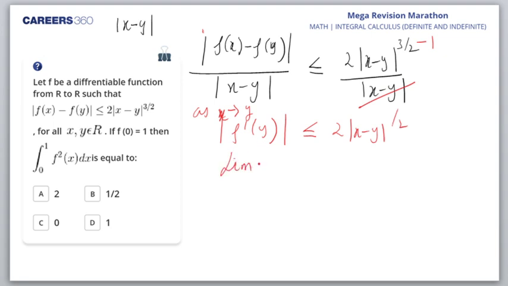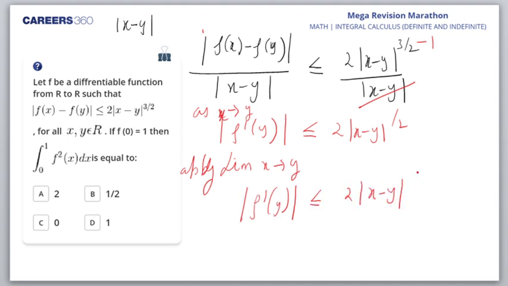Limit x tends to y, I apply, and when I apply this, we get mod of f dash y less than or equal to twice mod of x minus y raised to power half. Now this x tends to y, so this would become 0 itself.